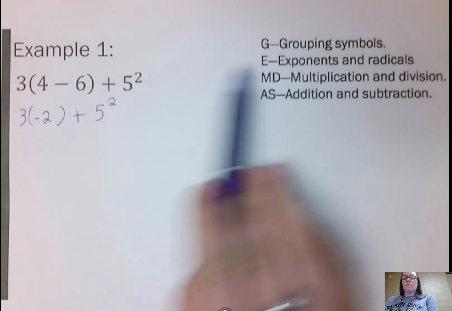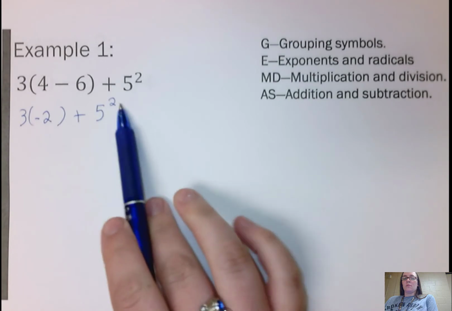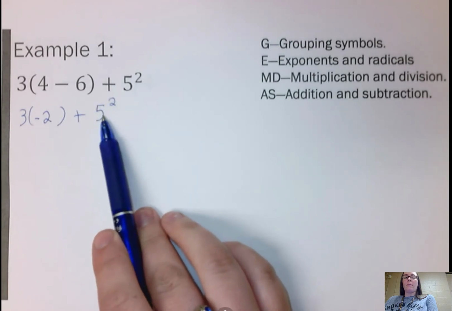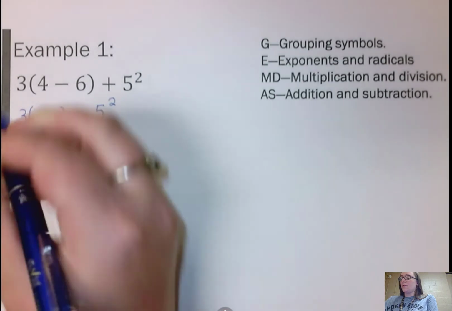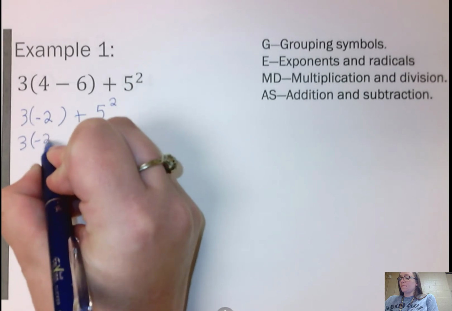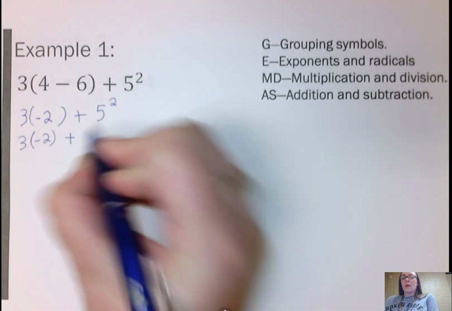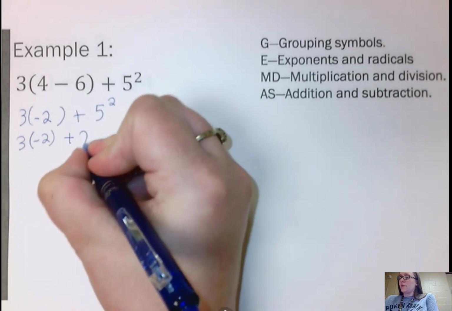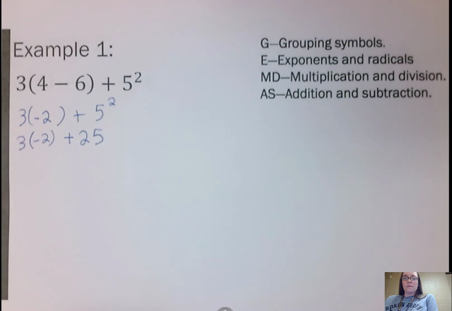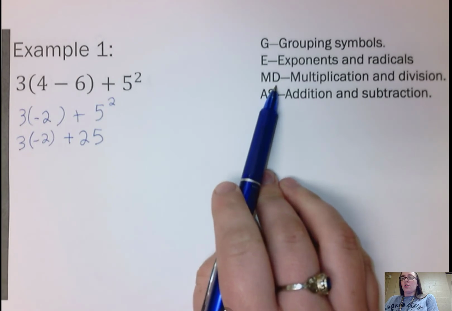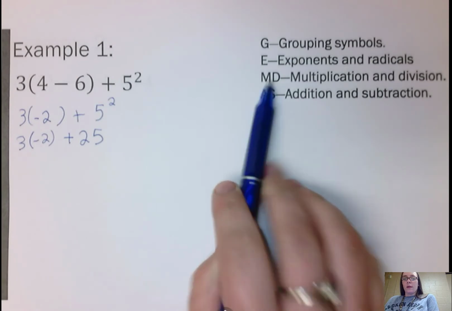Okay, we're going to work our next thing. Exponents. I do have an exponent. Remember an exponent is just saying I'm taking this number and multiplying it by itself. 5 squared, or 5 times 5 is 25. Now we can do our multiplication or division in order from left to right.